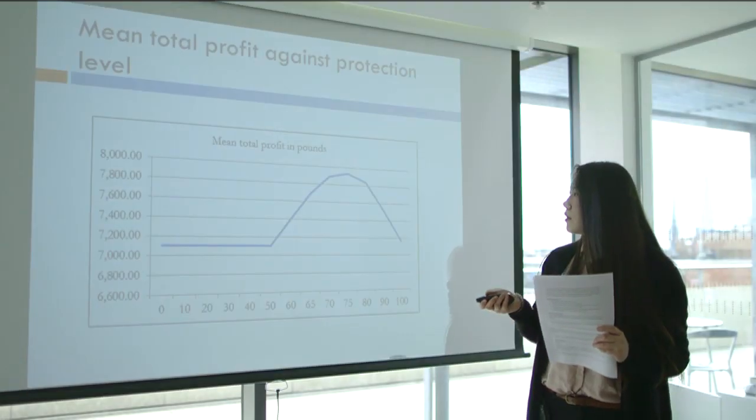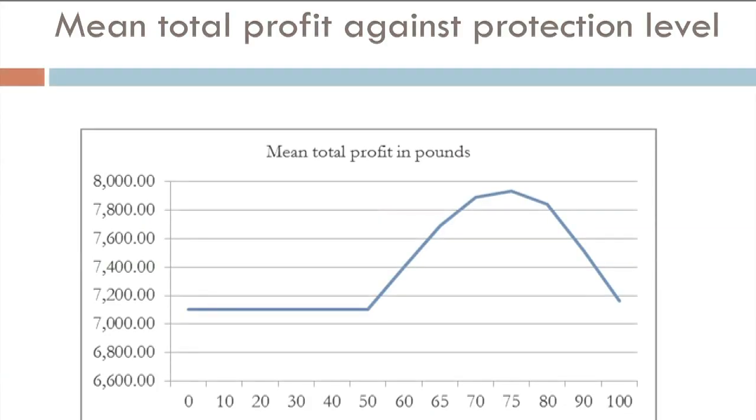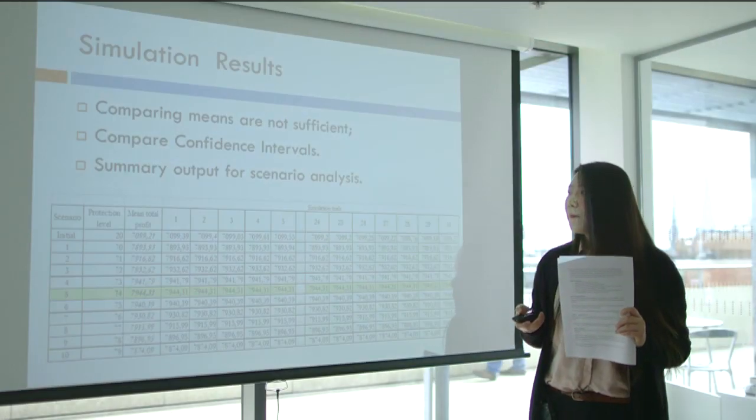Now this figure summarizes the results. We can see that at approximately 74 to 75 seats, the profit has the highest level. Now, in order to further investigate which particular number of seats the protection level should be, we'll do another simulation with the protection levels broken down from 70 to 79 seats, and the interval this time between them will be 1 seat.